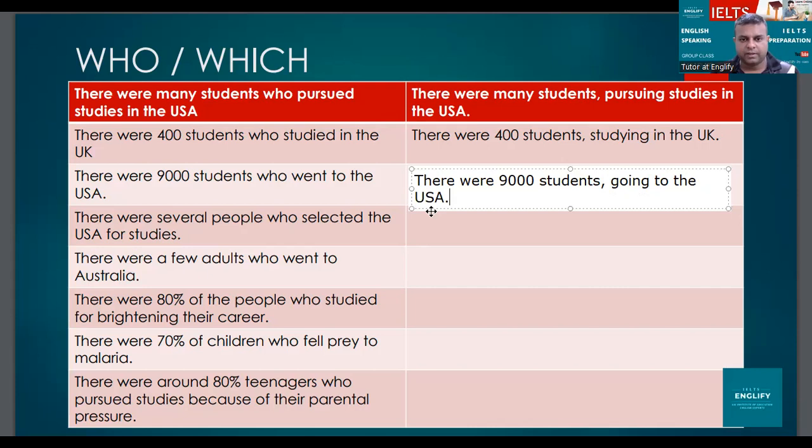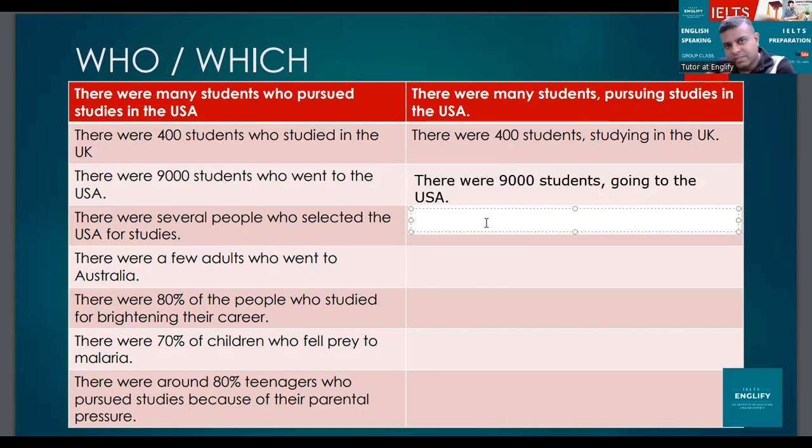Okay, now the second sentence. Let's see what the second sentence says. There were several people who selected the USA for studies. So as we can notice, who plus selected, second form. Obviously, with who, which, that, we put the second form of the verb if the sentence is in past tense. Why? Because who, which, that are connecting the second sentence to form one sentence. It's a complex sentence, right?